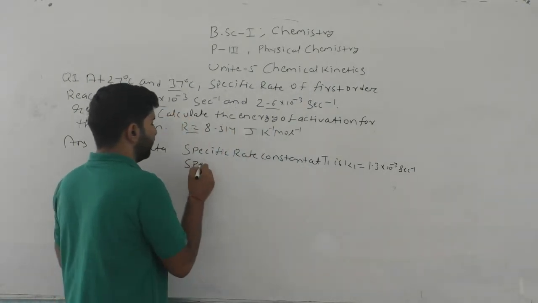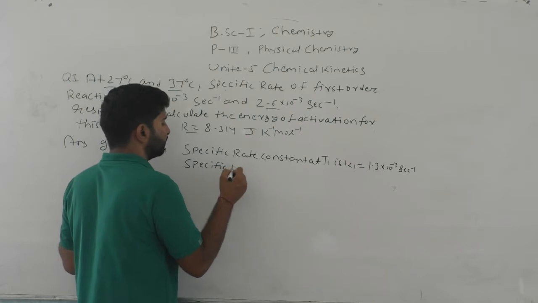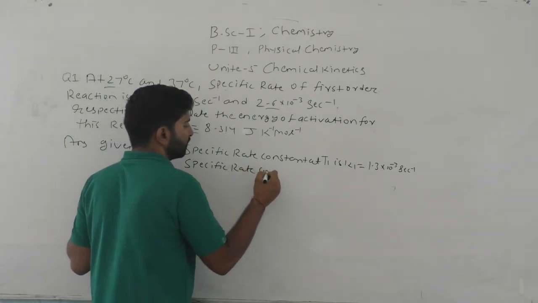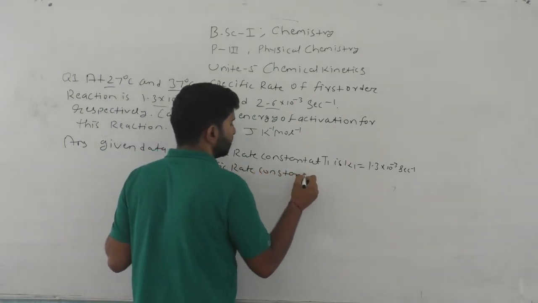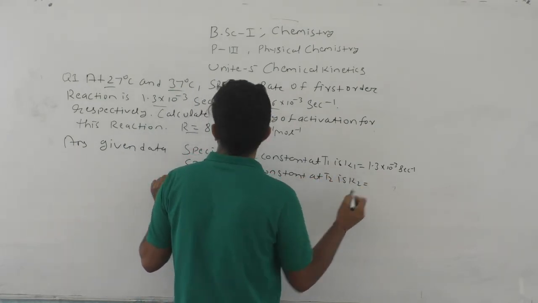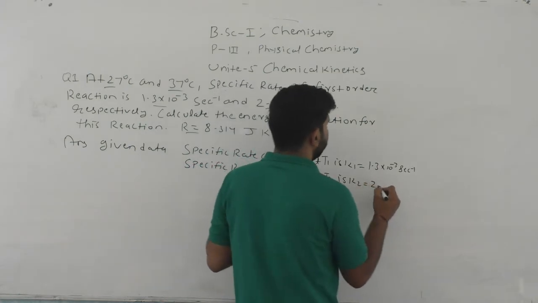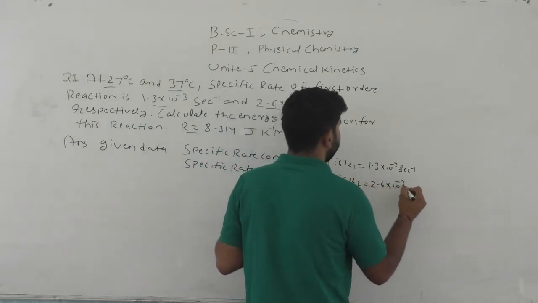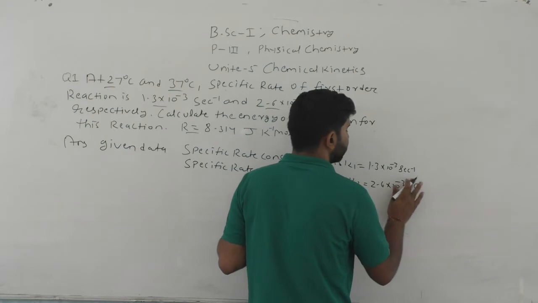Specific rate constant at T2 is K2, which equals 2.6 × 10^-3 second inverse.